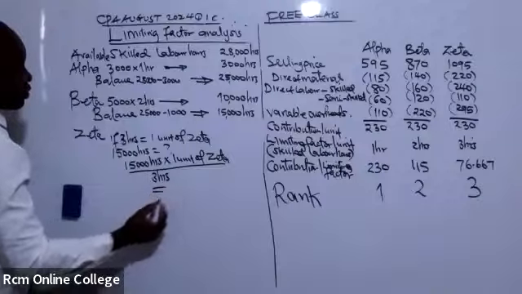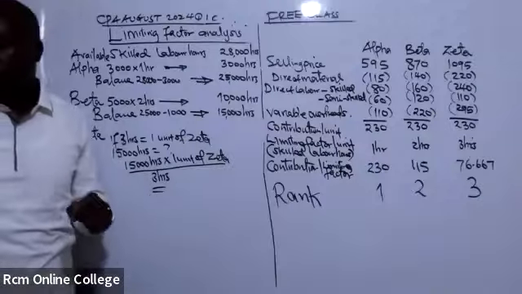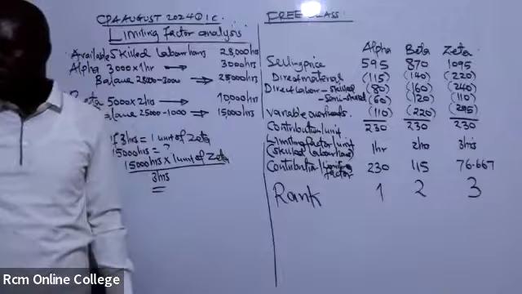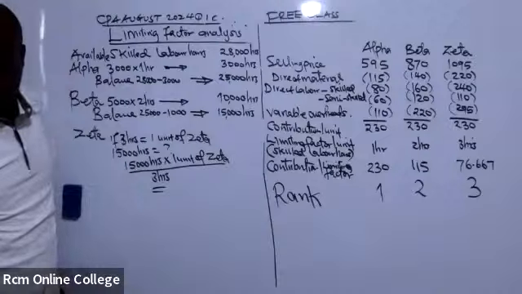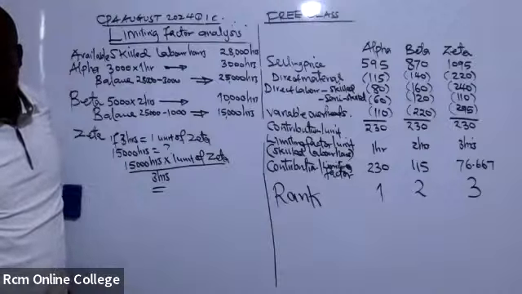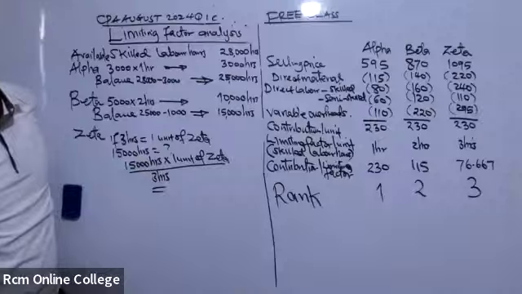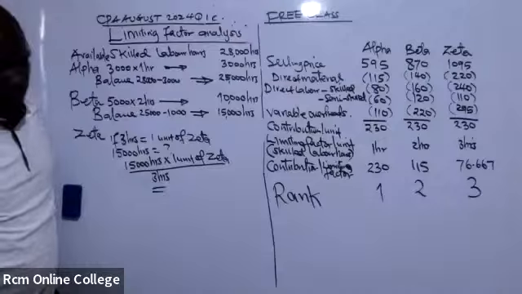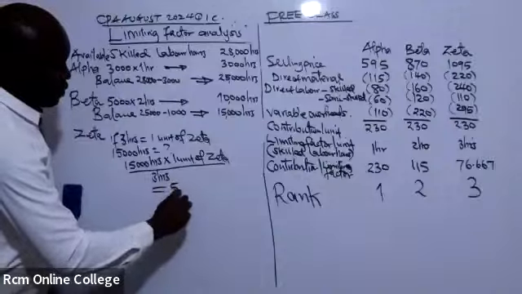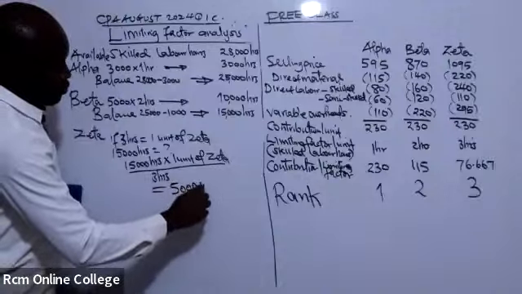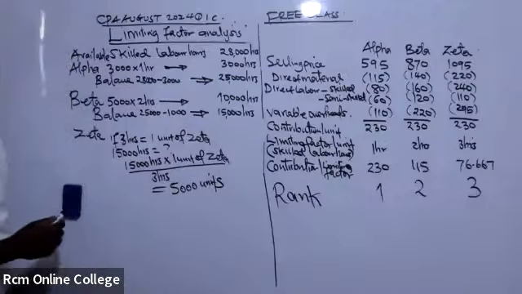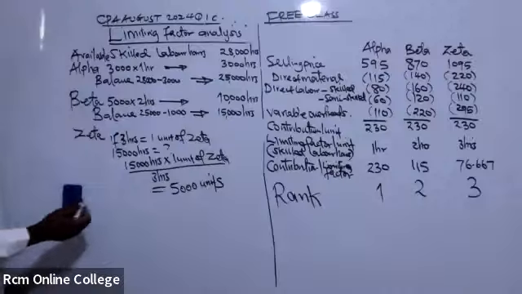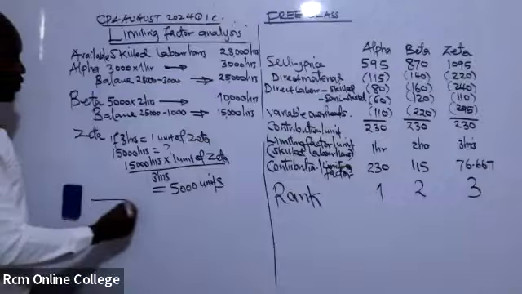So what are we getting? Somebody to give us the actual units of zeta that will be produced by the company. 5,000 units.